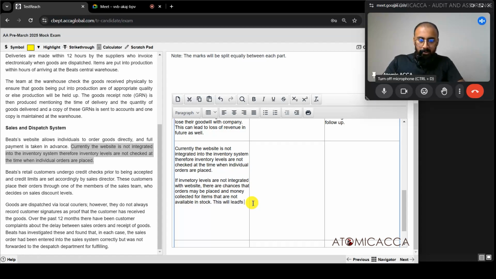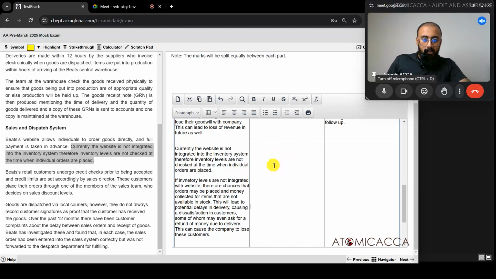This will lead to potential delays in delivery, causing dissatisfaction in customers, some of whom may even ask for a refund of money due to delivery. This can cause the company to lose these customers. So we told the issue over there.